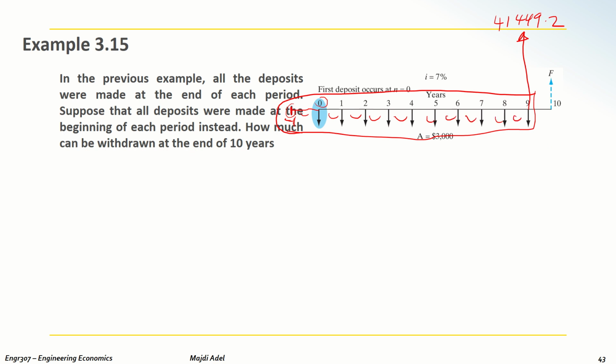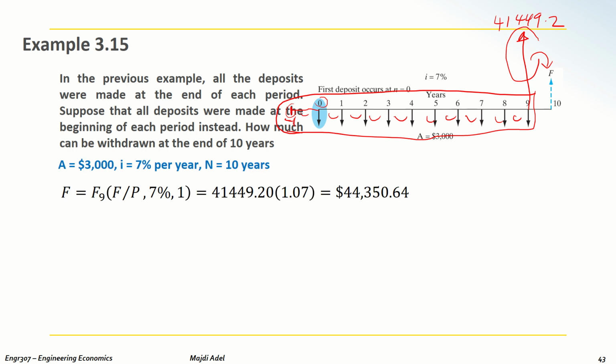Now, this amount of money, I can treat as a single payment cash flow and find its future value at n equals 10. So, the future value at n equals 9 multiplied by (F/P, 7%, 1 year), I will get $44,350. We can solve this question the long way.